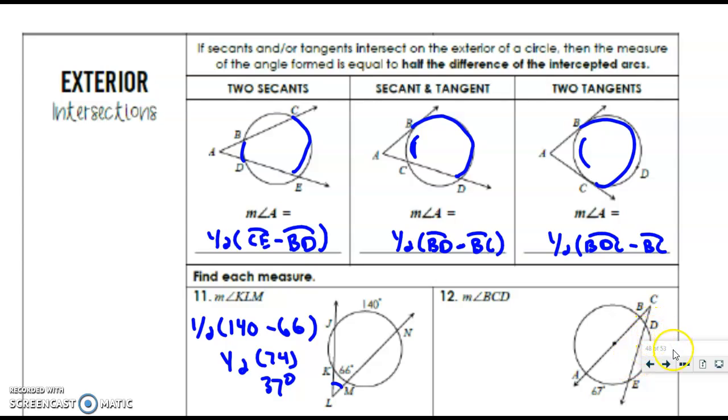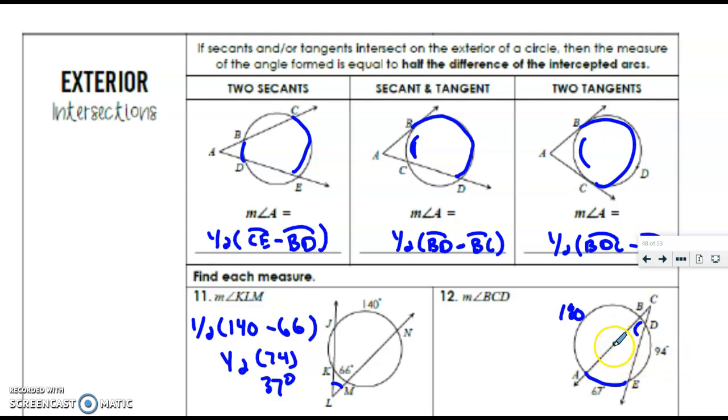For this one, I'm trying to figure out what BCD is. This right here. So in this case, I know this arc. I know this as much as 94. I also look at this. This looks like that's a diameter. So I know that this is going to be 180 degrees. So that means that this little arc is whatever 67 and 180 and 84 are away from 360.